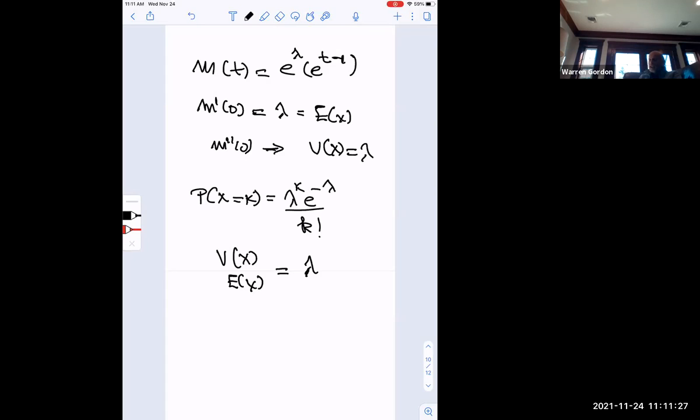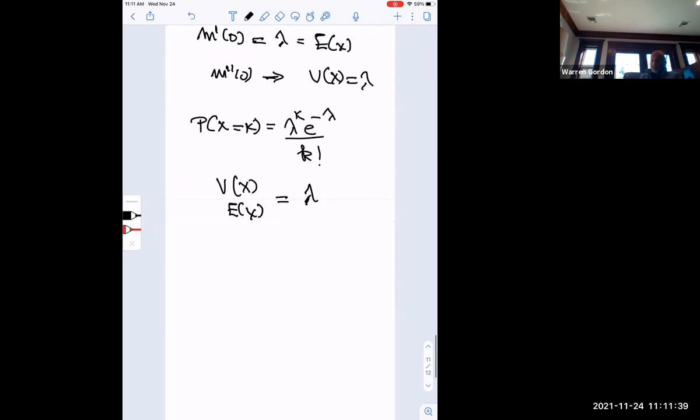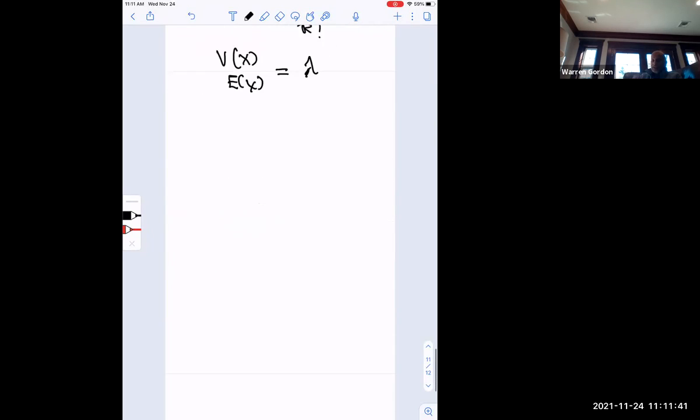And now we're going to show you something else which is also interesting, namely that you can approximate a binomial distribution by a Poisson. So I'm going to claim the following.